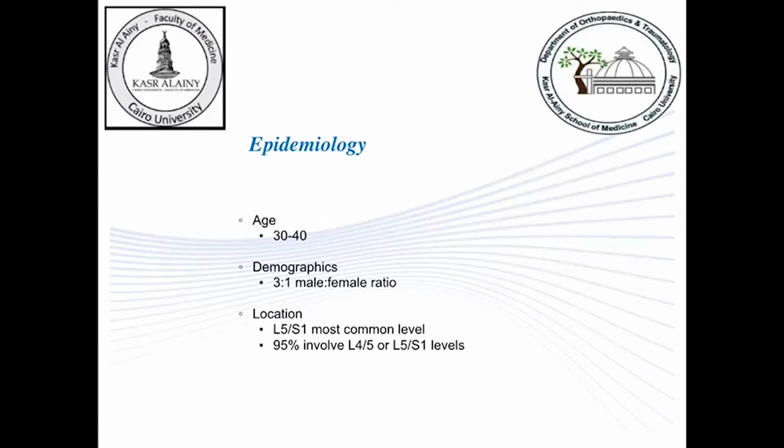It is more common in the 4th to the 5th decade, with most of the cases involving L5S1. This is in contrast to degenerative disc disease, where L4-5 is the most involved level. 95% of lumbar disc prolapse involve both levels L4-5 and L5S1.